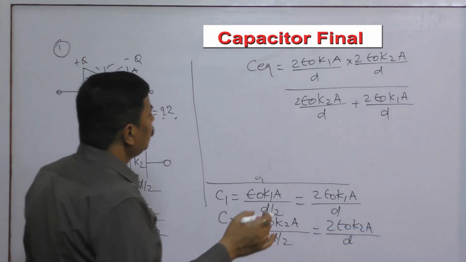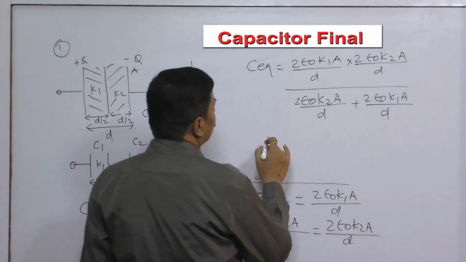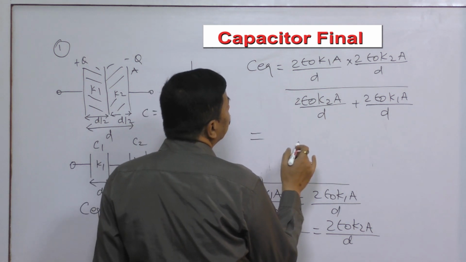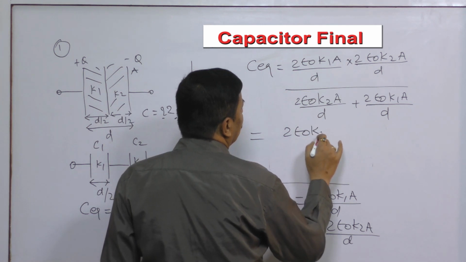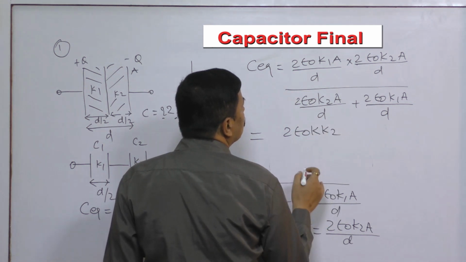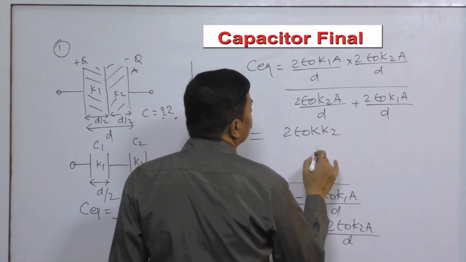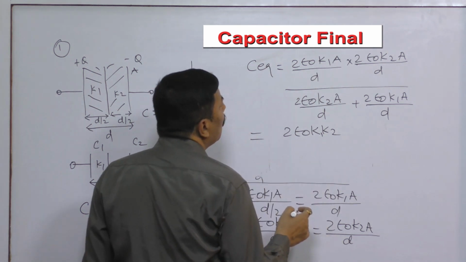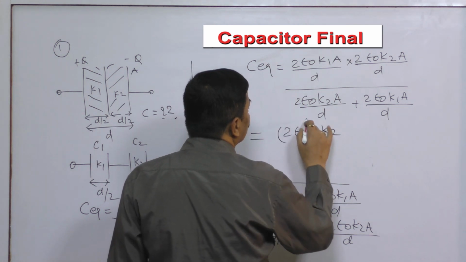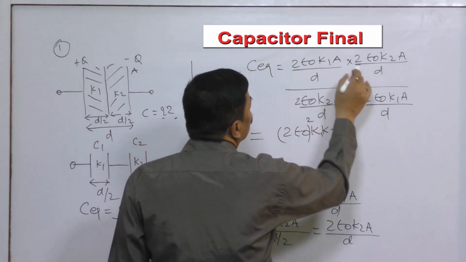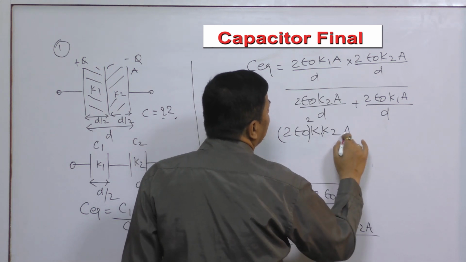So the final conclusion is in this way. Here we can take 2 epsilon naught K1 K2, and 2 epsilon naught A by D, I am making a square because it is 2 times.